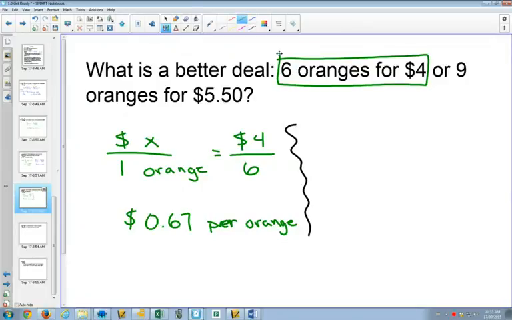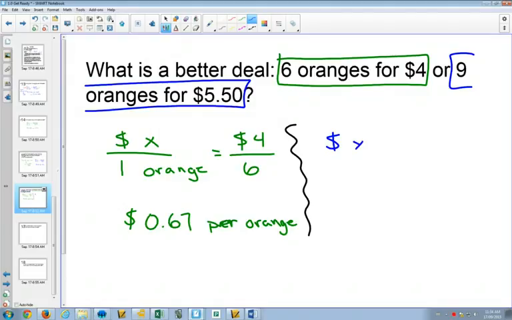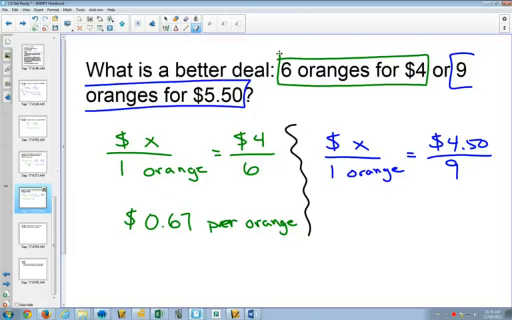for the green ones. And then here in blue, I can get 9 oranges for $5.50. So I want to find the price for 1 orange for the blue ones. I know that I can buy 9 oranges for $5.50, thank you.